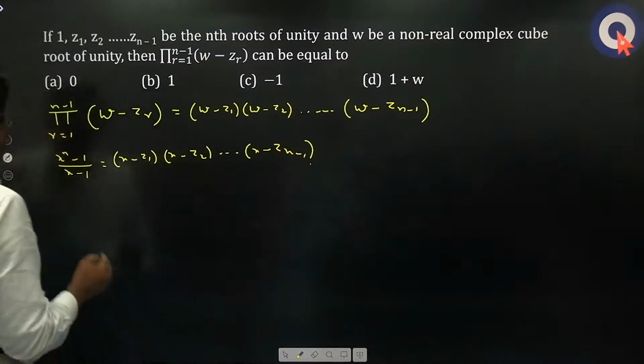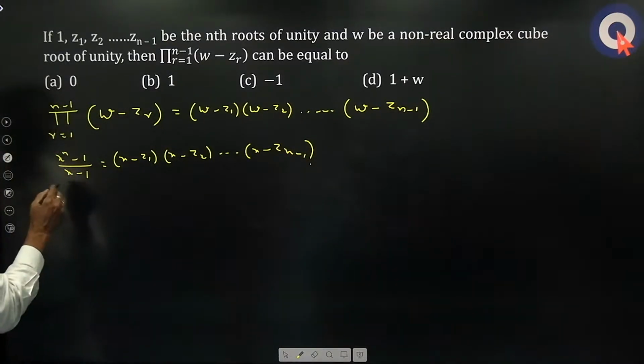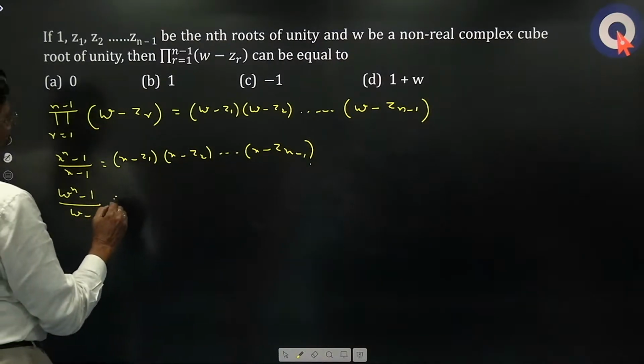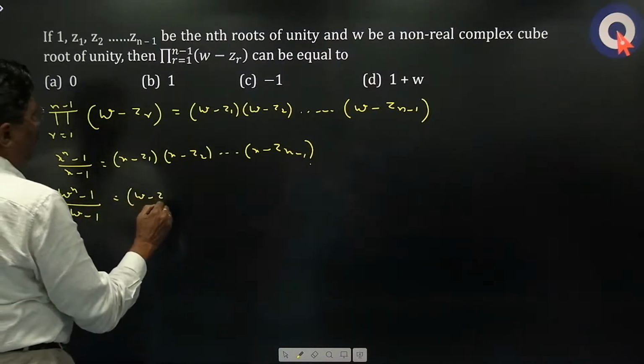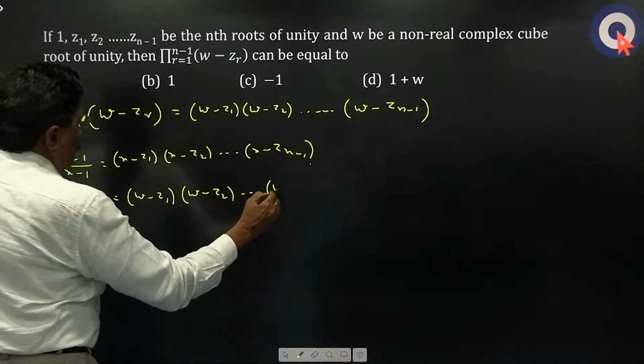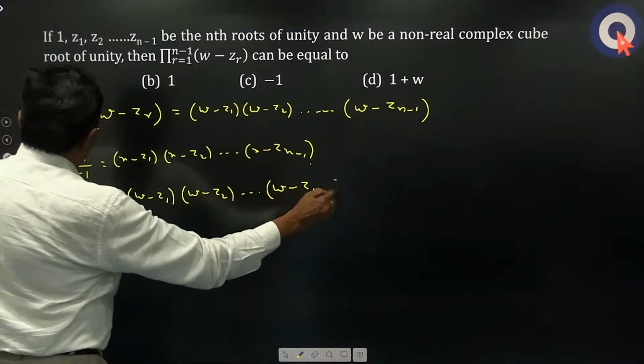So if I put x is equal to omega in this, omega power n minus 1 by omega minus 1 is omega minus Z1 into omega minus Z2, and so on, omega minus Zn minus 1. All right.